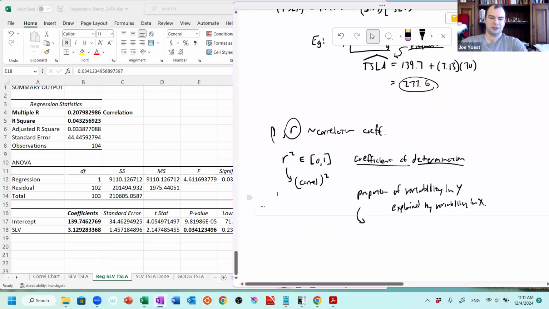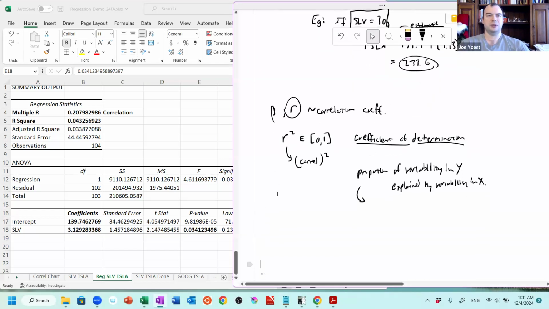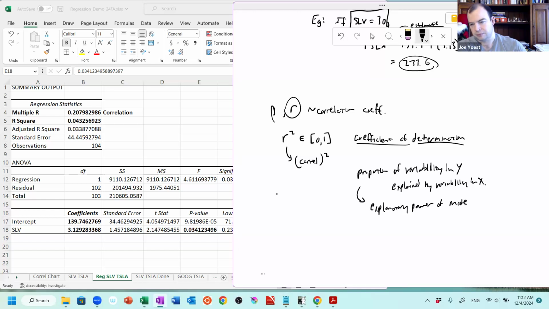Or really, what do we mean by this? It's really the explanatory power of the model. So if R squared is near 1, this model is very, very useful, right?